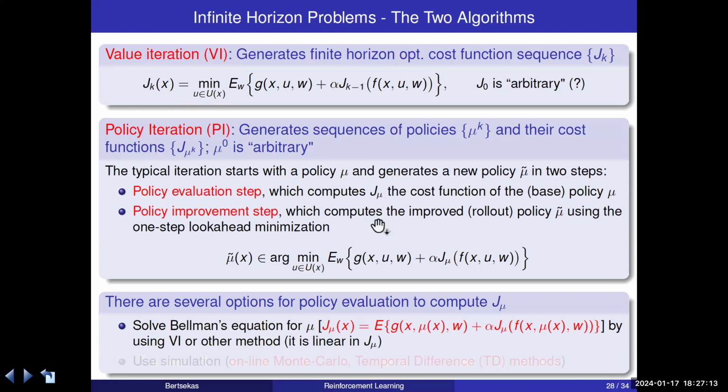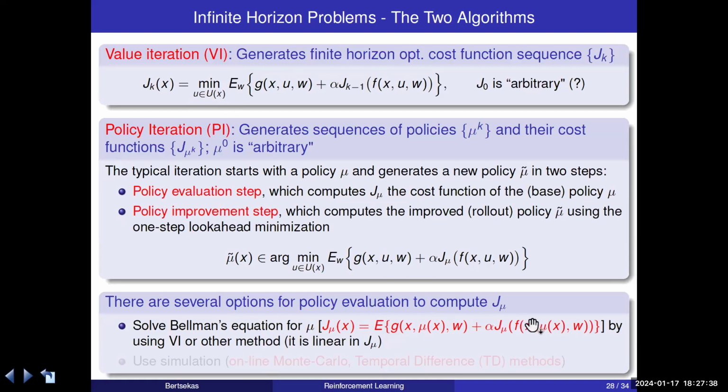Let me also mention that this policy evaluation step, this J-mu, can be done in a number of ways. You have to solve basically this Bellman equation, but for the policy, without the minimization, and the control substituted with mu of x. And you can do it either using value iteration without this minimization, or you can use some other method.